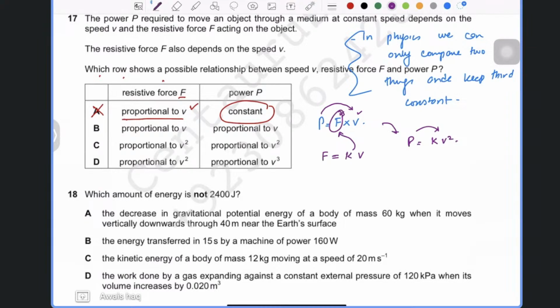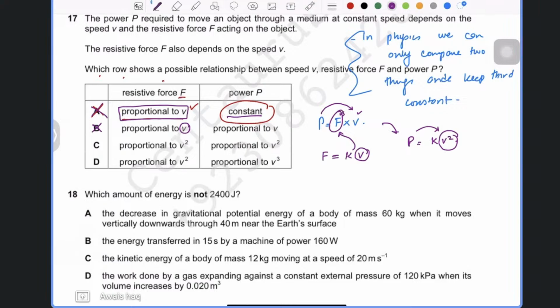Now in the first section, if I put force proportional to just v, power should be proportional to v squared. You agree? But it says constant, so that's wrong. Understood? If I put v, power should be v squared, which is not the answer here, which means B is wrong as well.